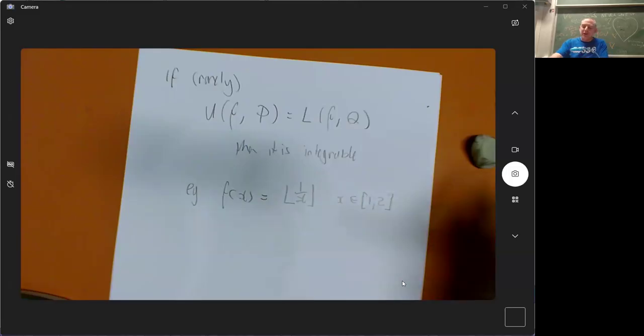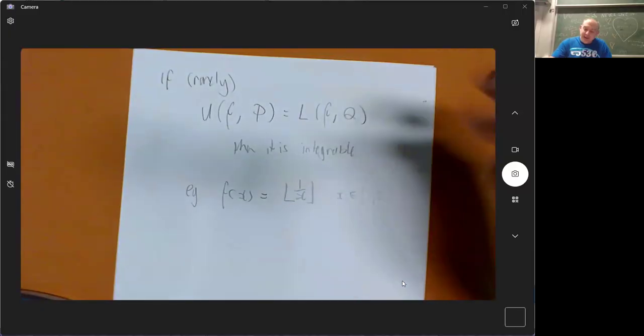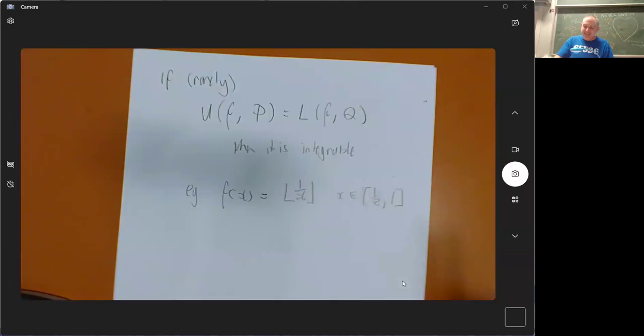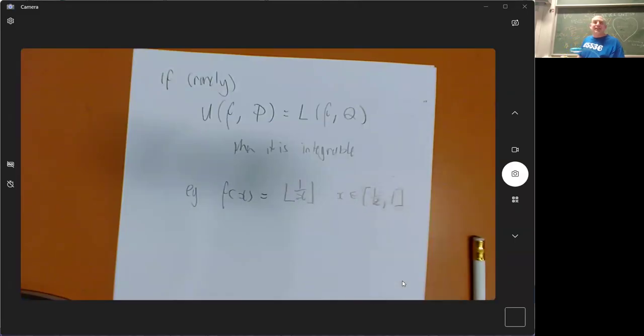Maybe not 1 and 2. We should go like a really nice big number, right? No, we should do 0 and 1. Yeah. A half and 1. That's a fun function. A half and 1?